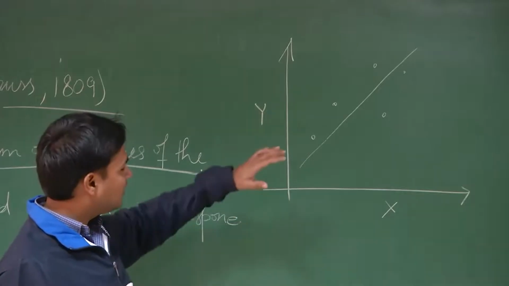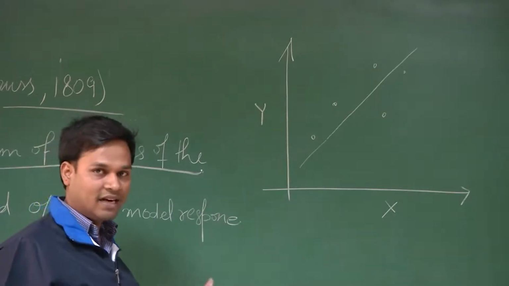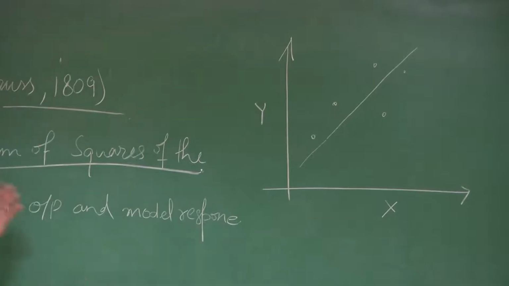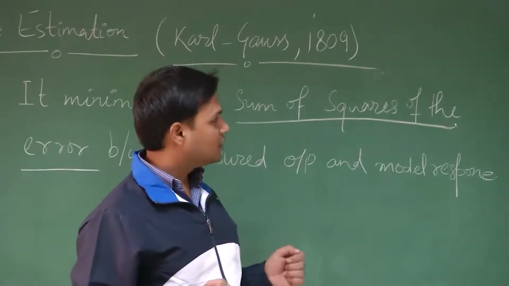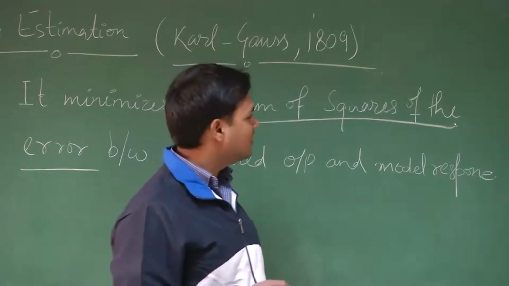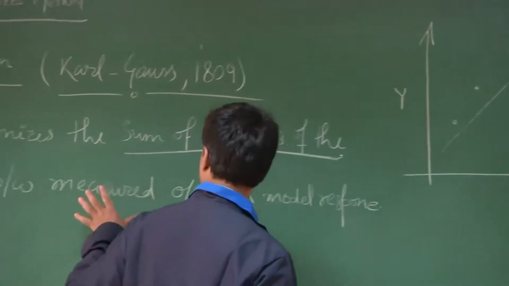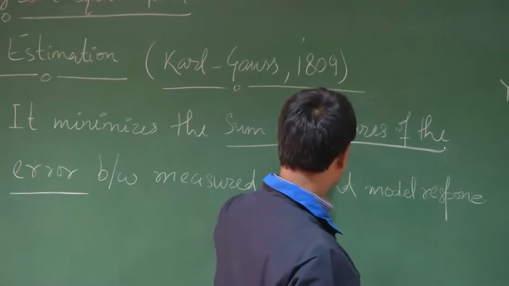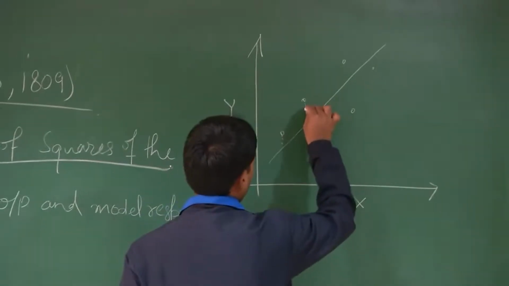So for these values, what could be the best fit? We are trying to understand that with the concept of least square. Can least square estimation help us find a best fit for this kind of problem? Let us make the inference of this statement with this example. So here are the errors.